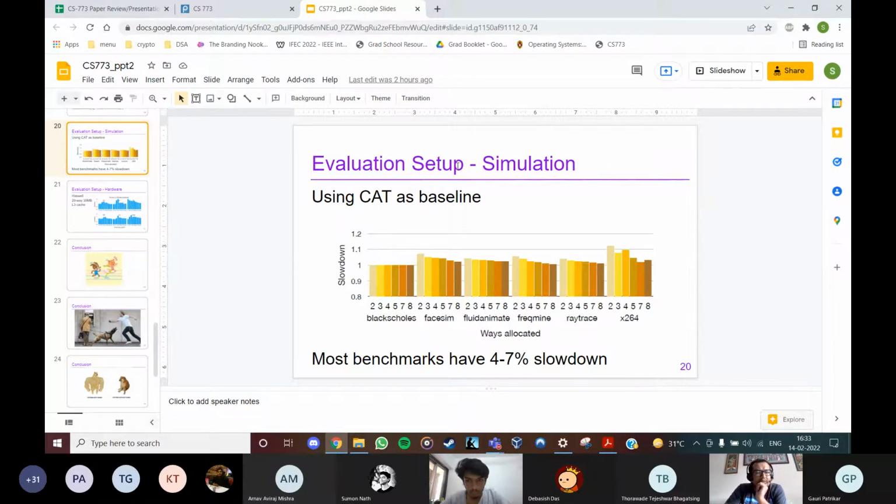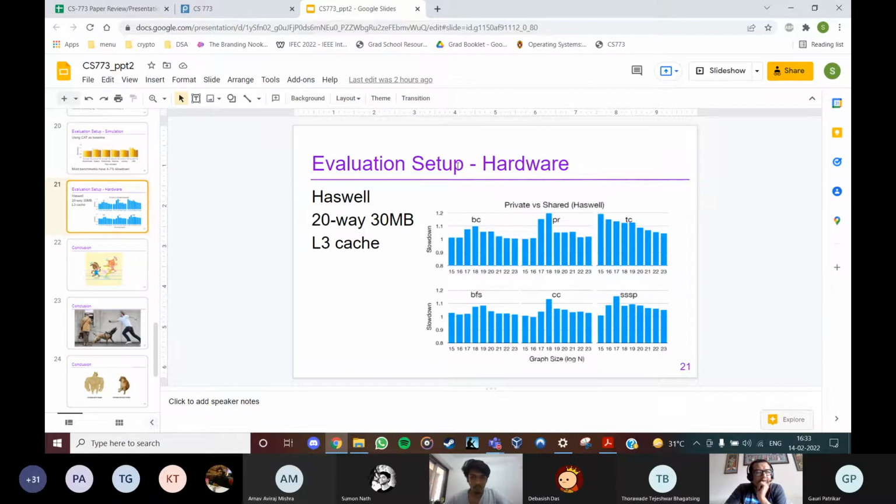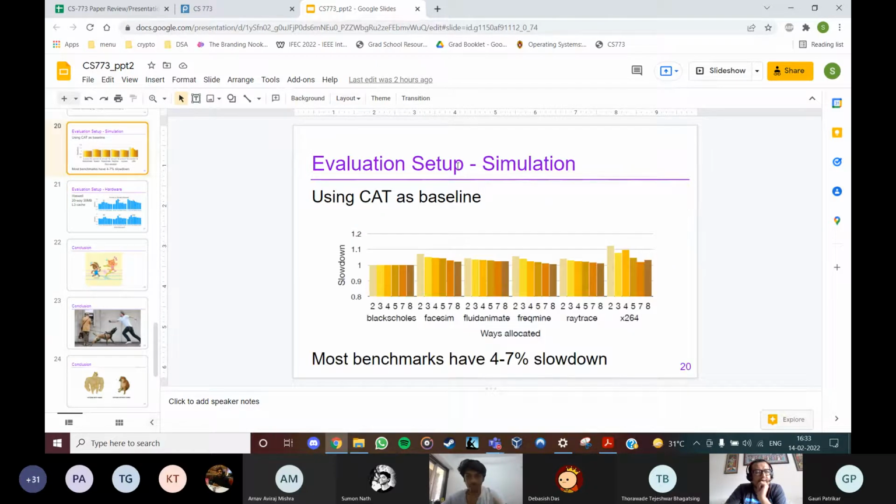First you said 4 to 7% slowdown. Go to slide number 21. Here you said evaluation setup hardware, so previously it was on software and this is on hardware. Yeah, they had simulated on ZSim. On ZSim they had simulated both the CAT and the DAWG mechanisms.